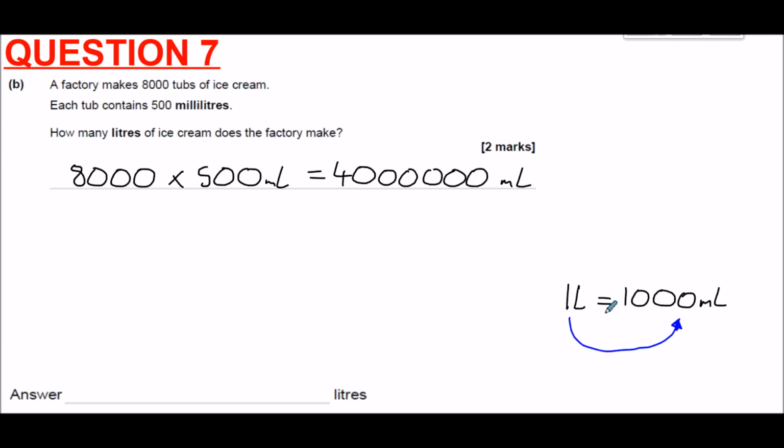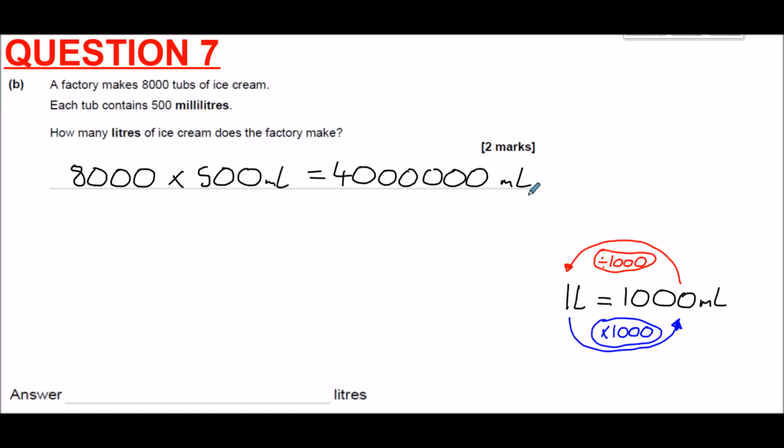So to change from litres to millilitres, we're going from a small number to a bigger number. So that way around, we'd be multiplying by 1,000. But to go the other way around, from millilitres to litres, we'd have to do the opposite thing, which would be to divide by 1,000.